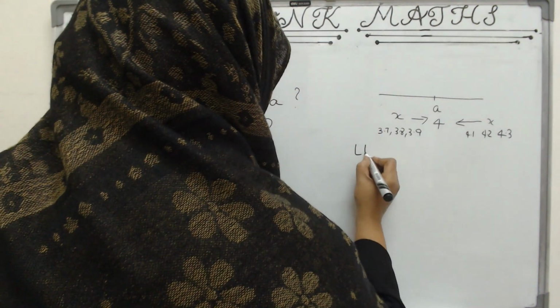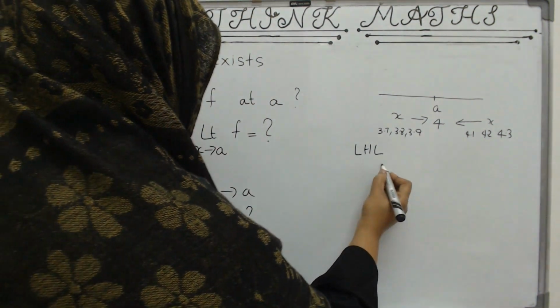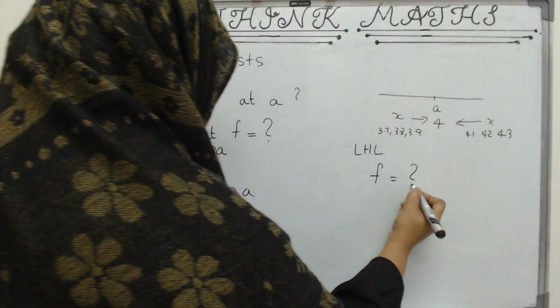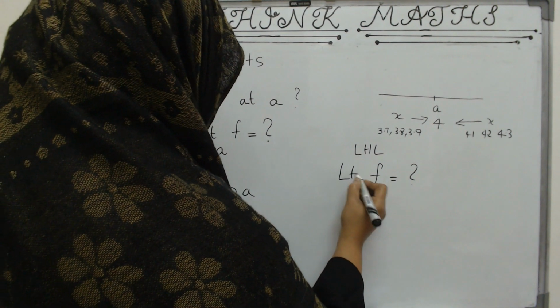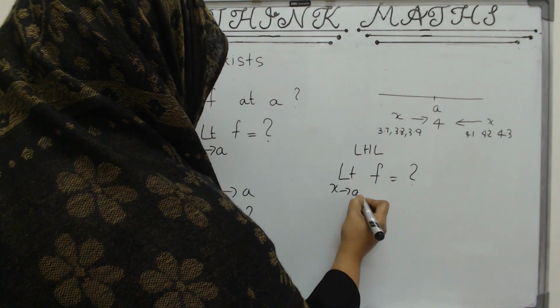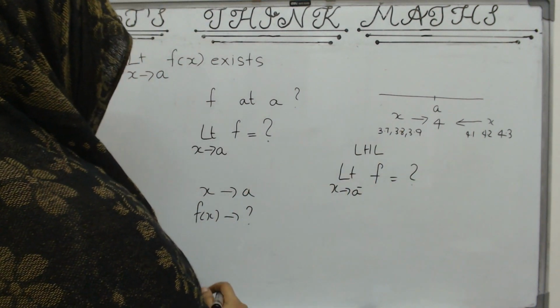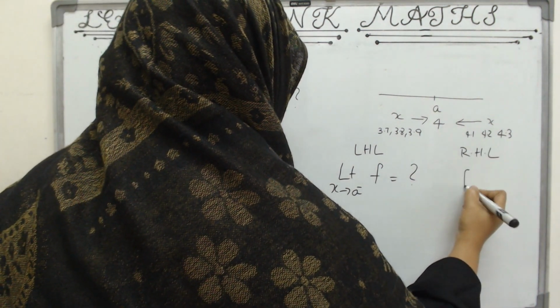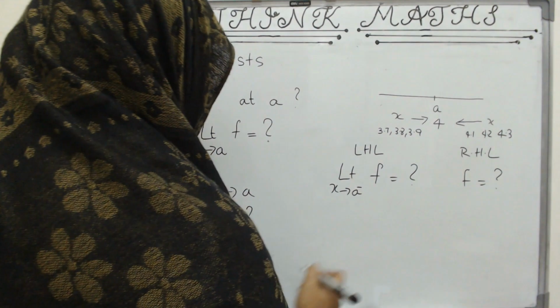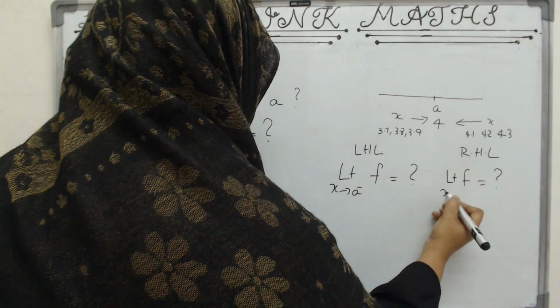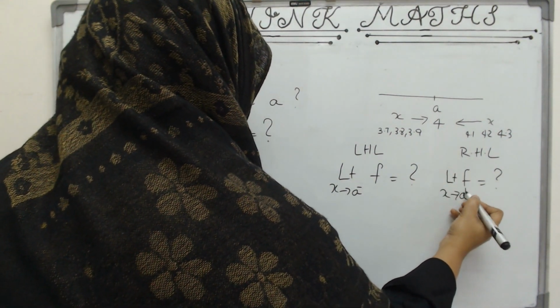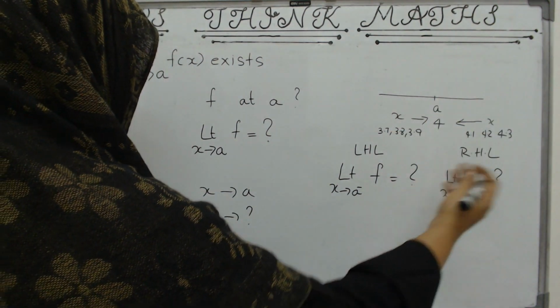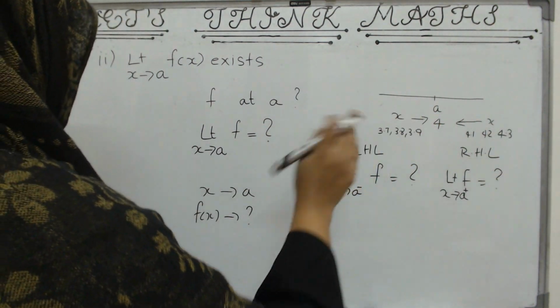So what does the left hand side limit say? It is that value of f when x approaches a from values less than a. What is your right hand limit? It is that value of f when x approaches a from values which are greater than a, or in other words from the right.